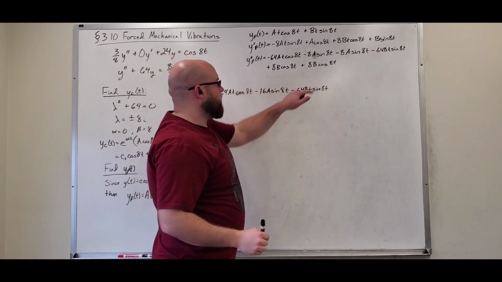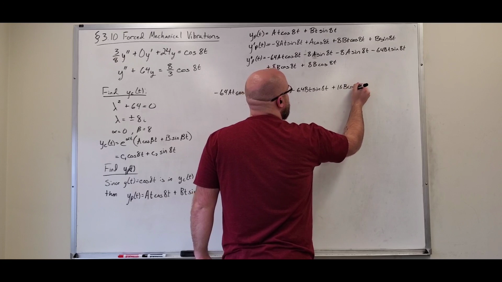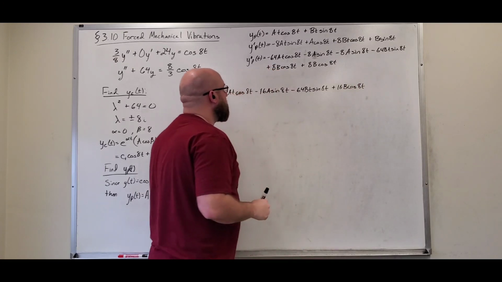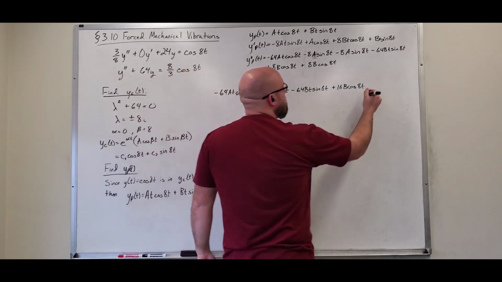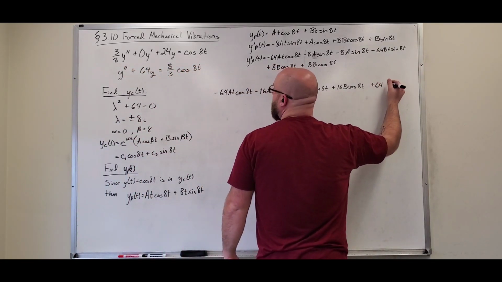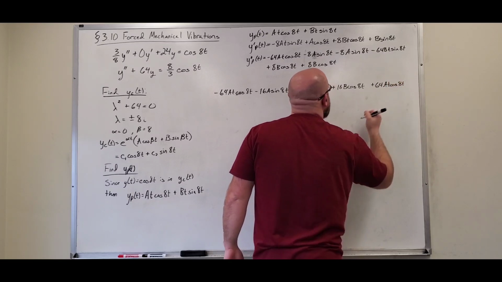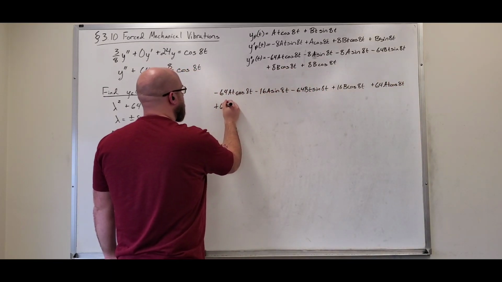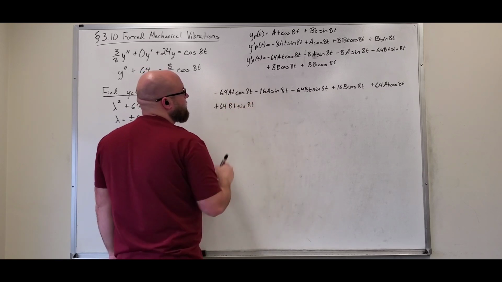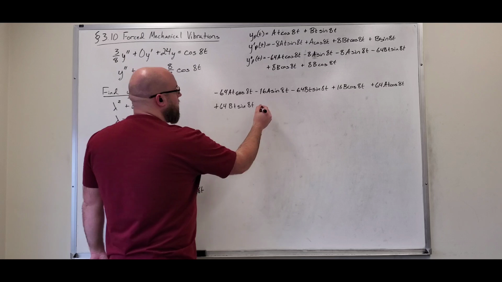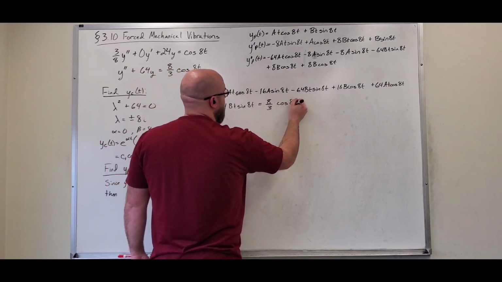And then notice here that we can combine those two guys. So plus 16b cosine of 8t. And then finally add 64 to those guys. So plus 64at cosine of 8t plus 64bt sine of 8t. And we have this all equal to 8/3 cosine of 8t.